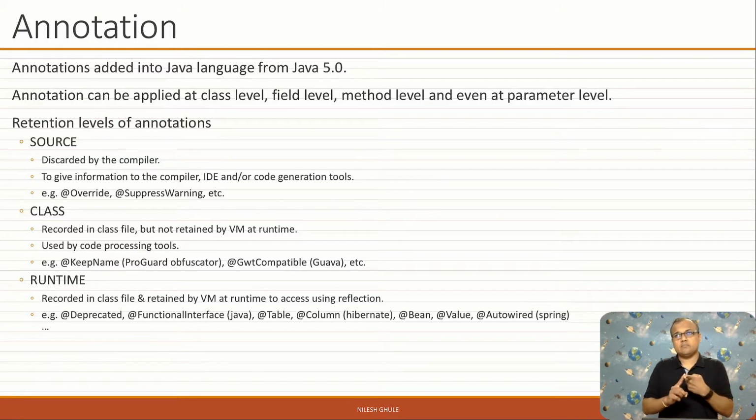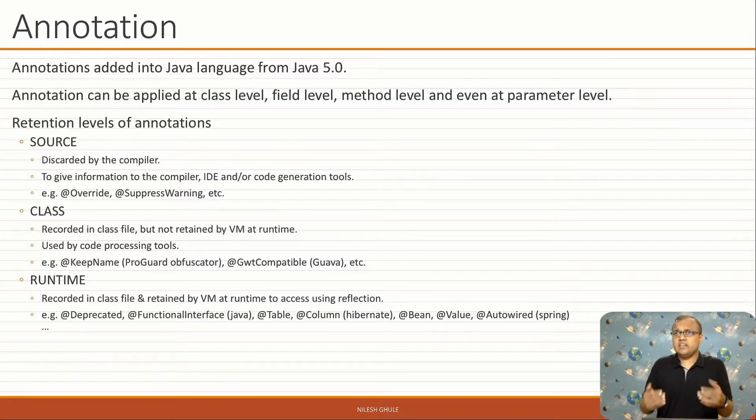Source level annotations are present only in the .java file, only in the source file. The moment the Java compiler compiles it, these annotations are no more transferred into the .class file. They are not recorded into the bytecode.